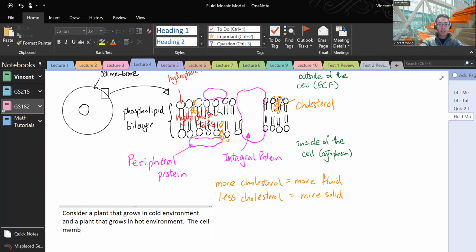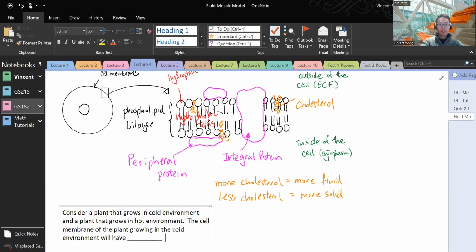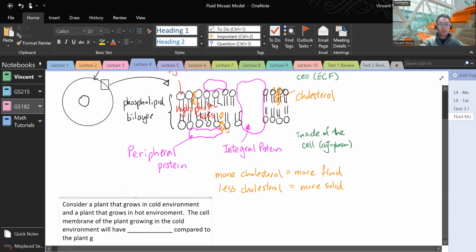The cell membrane of the plant growing in the cold environment will have compared to the plant growing in the hot environment.